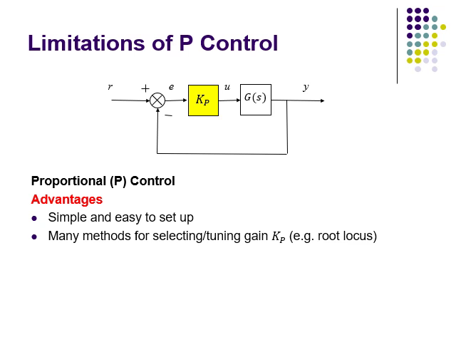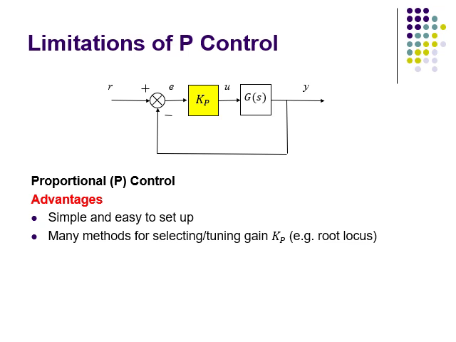So the type of control structure that you've looked at so far is actually called P control or proportional control. With this control structure, we have the system G, and then we have a feedback loop where the output of the system, the measured output, is compared with a reference or a demand signal.